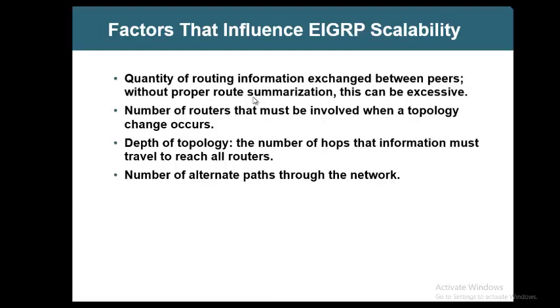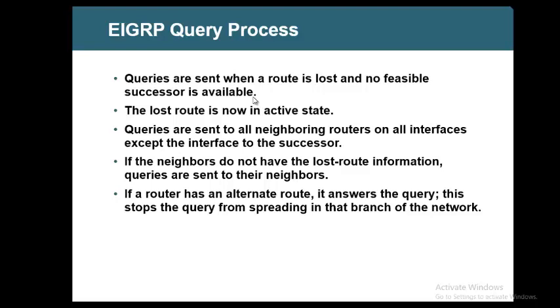For example, you see this picture. This is the successor route via B to this destination. The query does not go in this direction, toward the regional office. When this is lost, the query will be sent to all other neighbors.